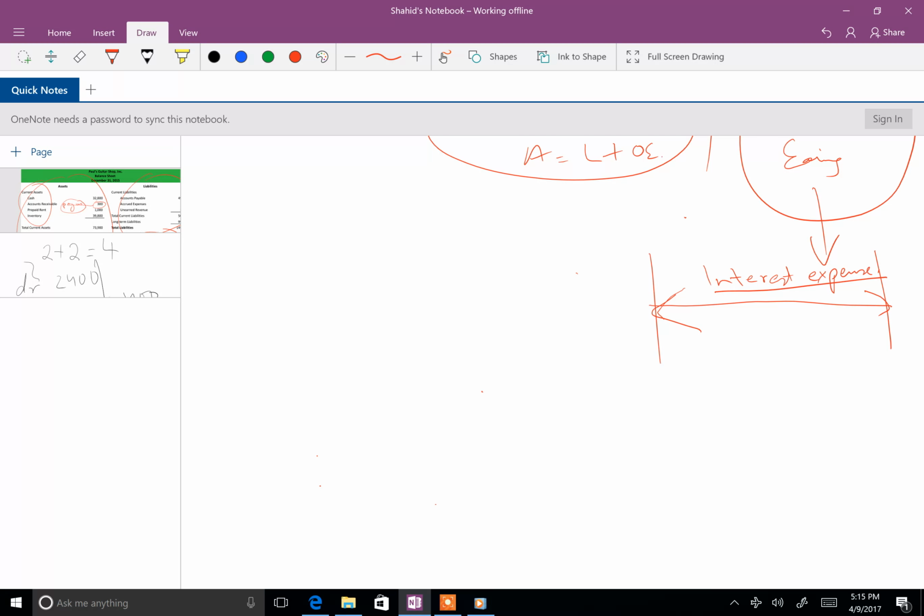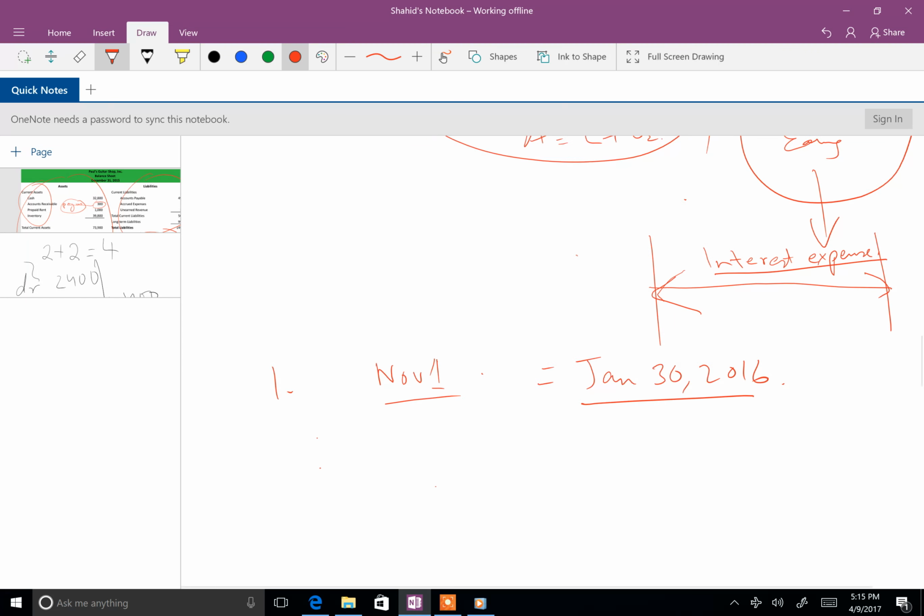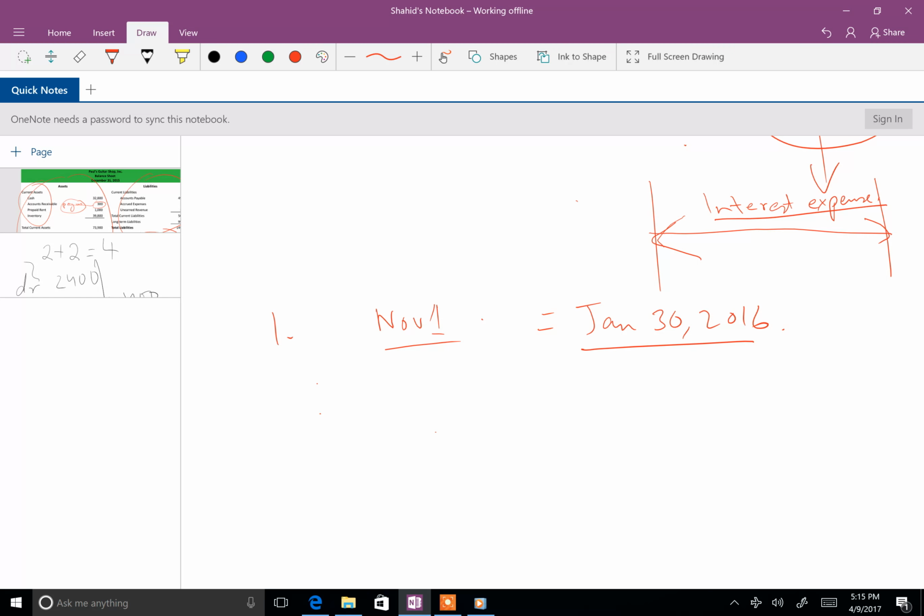In order to find that, you have to literally add 90 days to November 1st. This is something you have to do in the exam. Just make sure that you do it properly, and it comes out to be January 30th, 2016. So this is when the note is going to mature.